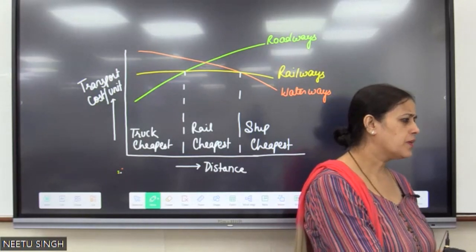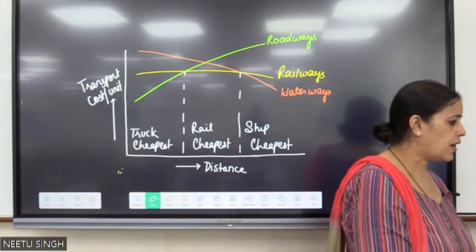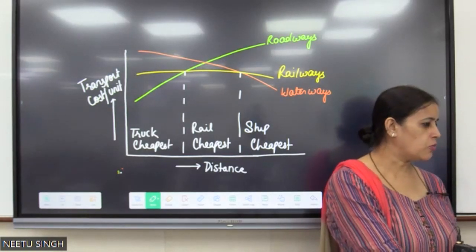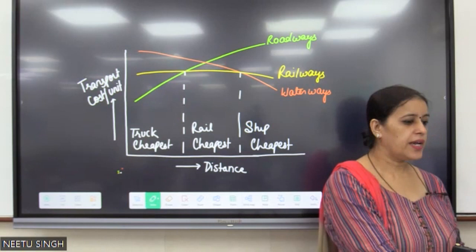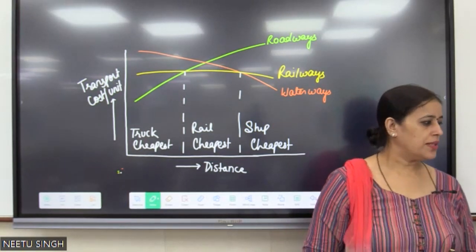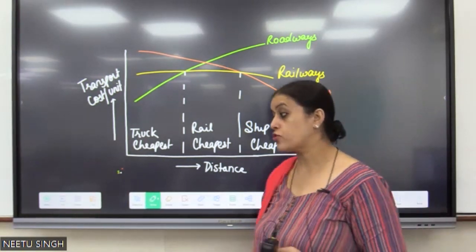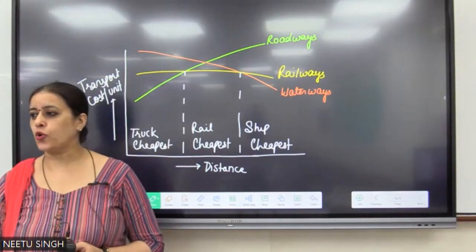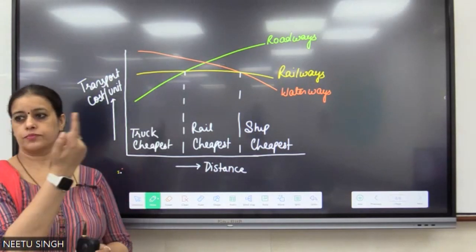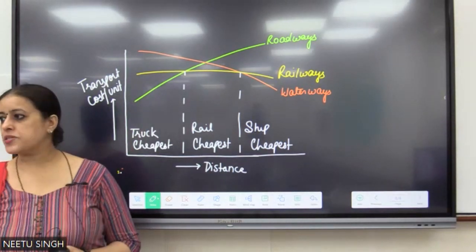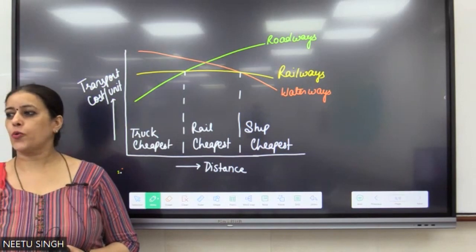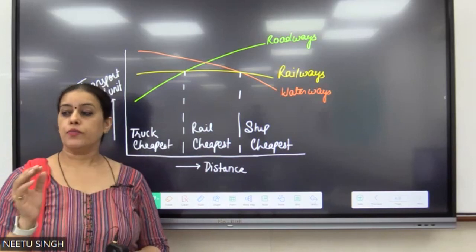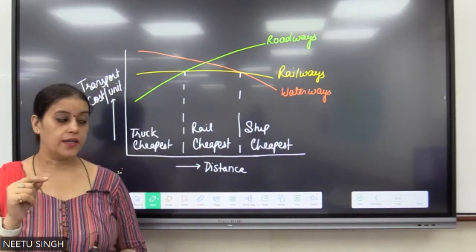Making sense? So come on, take it like this. Truck depot handling. I cannot write bus because we are talking about movement of commodity. In India, even in bus, commodities are moved, but that is practically not justified. So truck. Roadways are the cheapest means of transport for short distance travel. Railways are the cheapest means of transport for intermediate distance travel. And waterways, we are talking about oceanic routes, that is why I wrote ship.